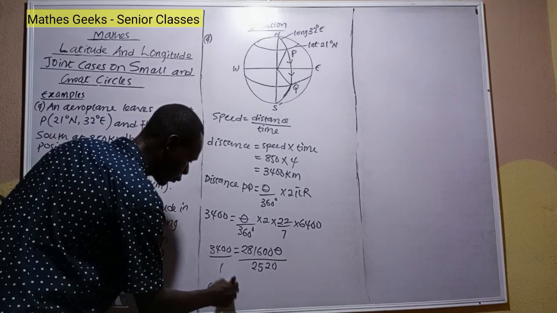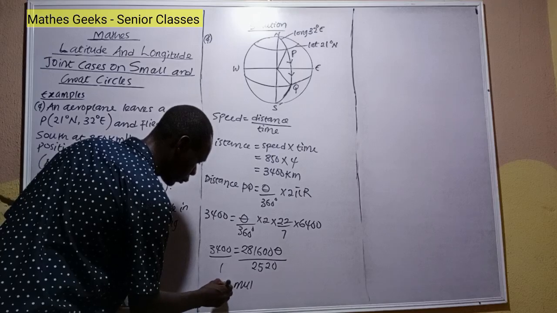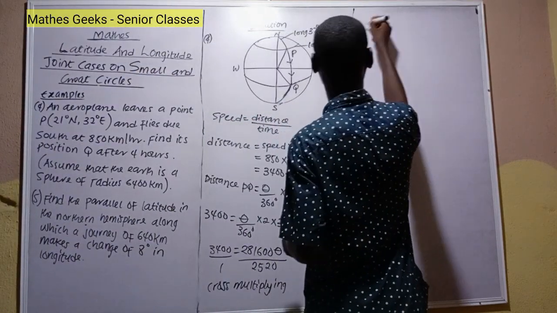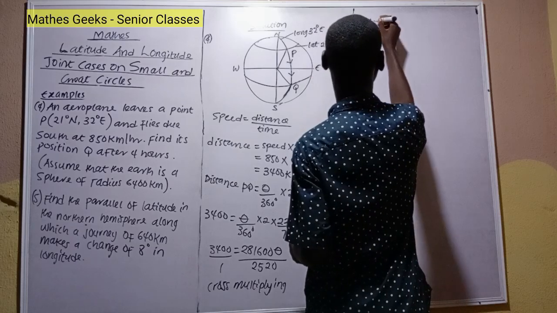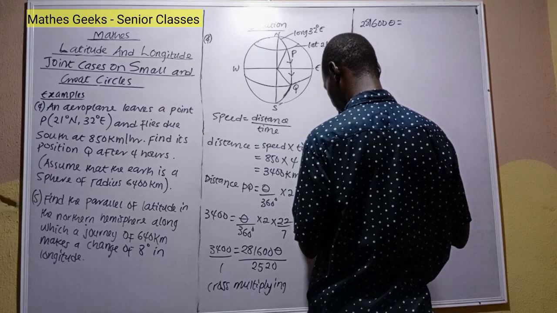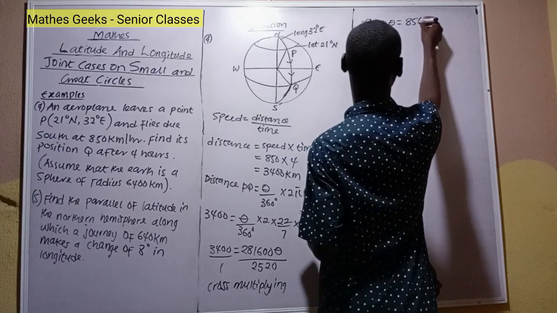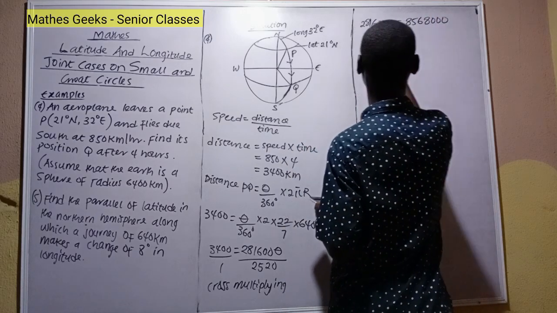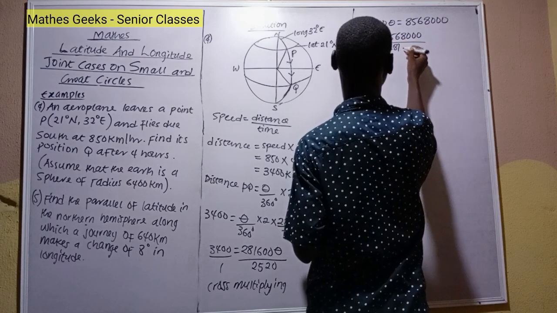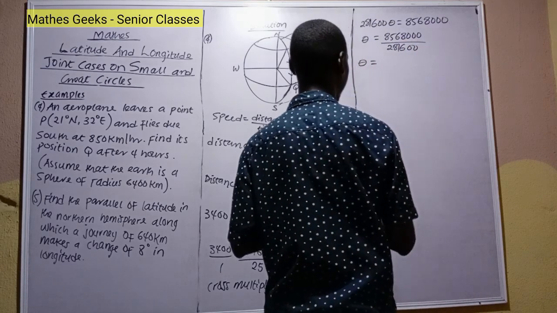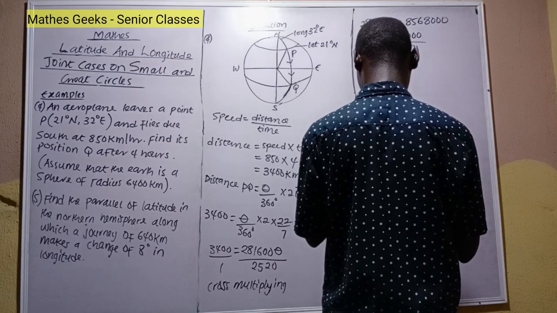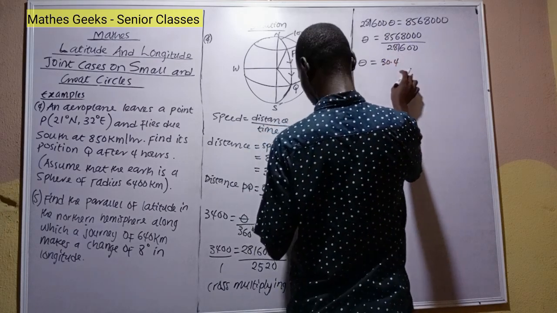Cross multiplying, 281,600 theta is equal to 3,400 times 2,520, which is 8,568,000. So theta is equal to 8,568,000 divided by 281,600, which is 30.43 degrees.